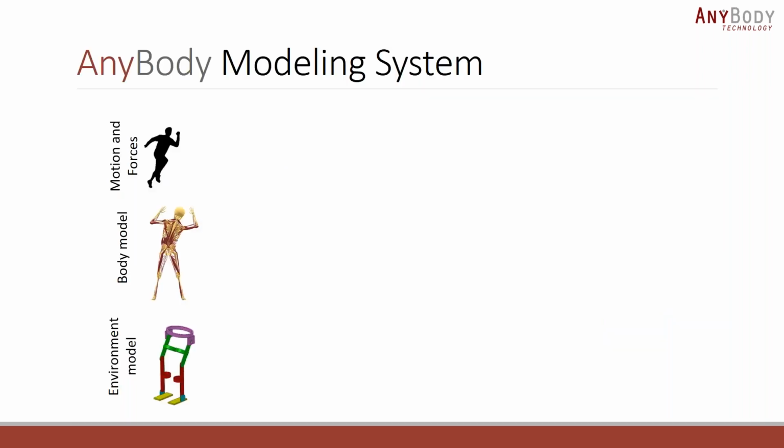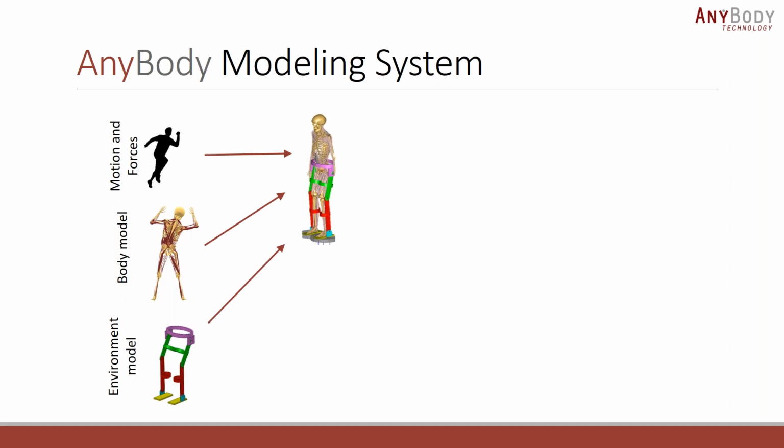To give you a little more detail into how these simulations work, as I mentioned in the previous slide, the motion and forces form one of the inputs, and then you have the human body model, and you also have a model of the environment. Now, this is something that you may or may not use depending on what exactly you're trying to achieve. In this case, the environment is an exoskeleton for the lower part of the body.